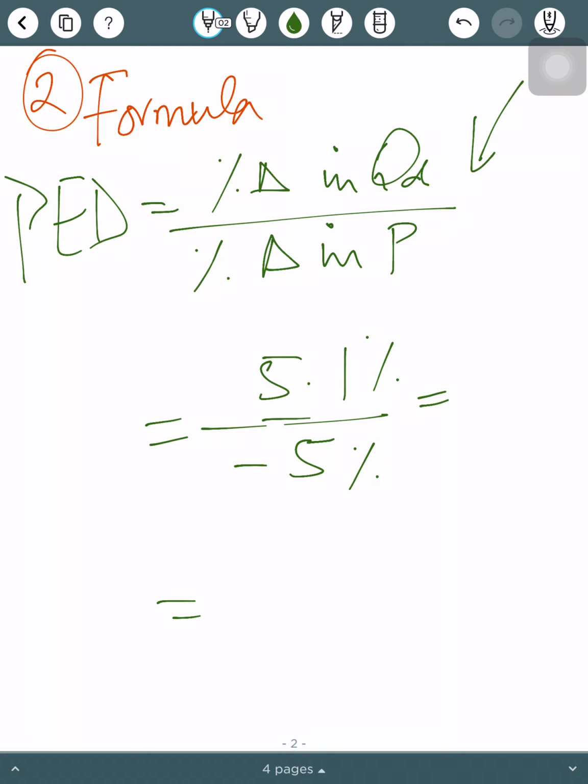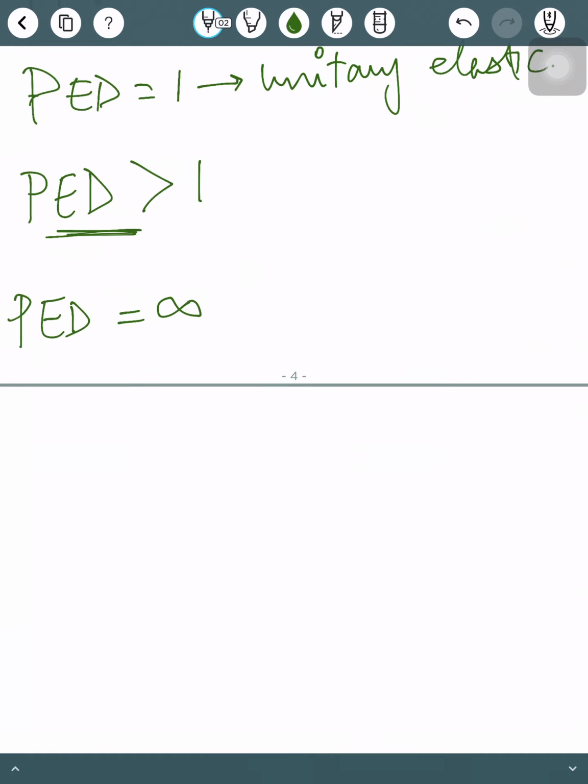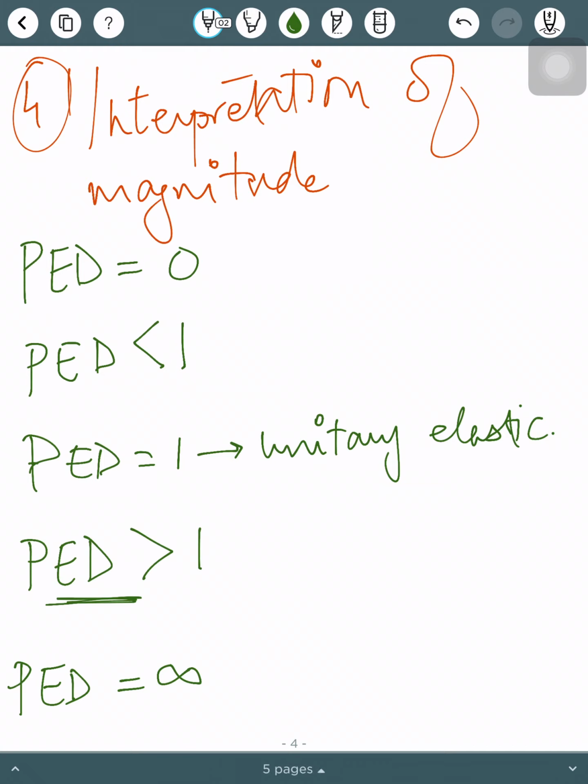So for PED more than one, we have got elastic, that the quantity demanded is elastic to a change in price. When will we get the answer of PED less than 1?